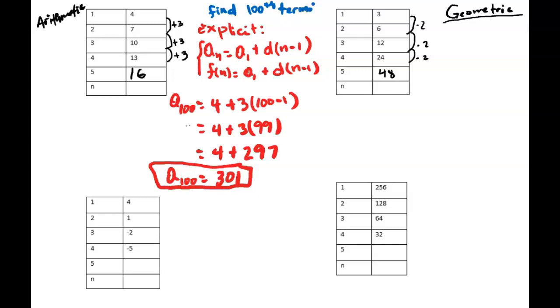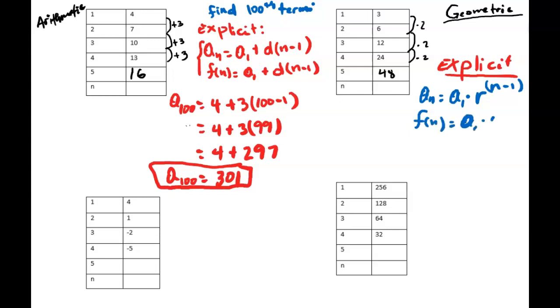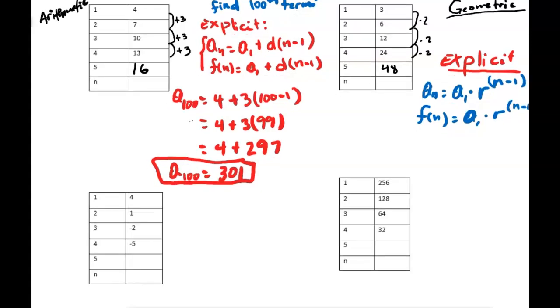The explicit formula for a geometric sequence is a sub n equals a sub 1 times the common ratio raised to the power of n minus 1. In function notation, you can always put f of n equals the first term times r to the n minus 1. Same thing.